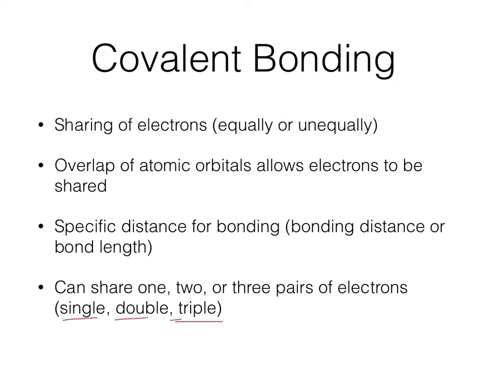Which subshell of the electron is most likely to share? S or P? Which subshell is it most likely to share? That is an interesting question. The answer to which is yes. It's just going to share.